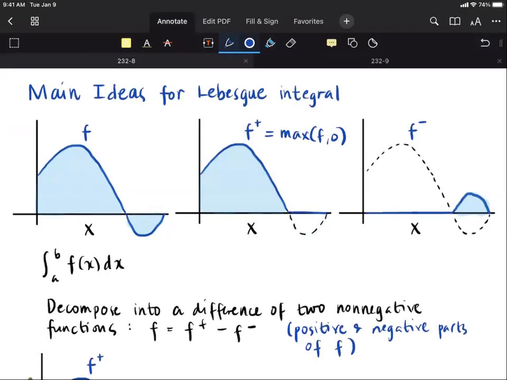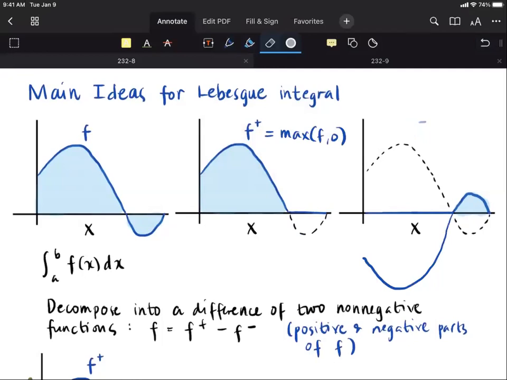On the other hand, the negative part is obtained as follows. First you take the negative of your function, which is the reflection with respect to the x-axis, and then you take the positive part of this. That would be the max.